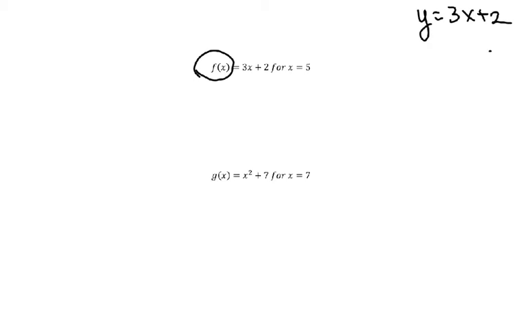These parentheses, you know how they usually mean multiplication? Here they don't. No multiplication involved. We read this f of x equals 3x plus 2. And we're being asked to figure out what f of x would be. If f of x is 3x plus 2, what would f of x be for x equals 5?